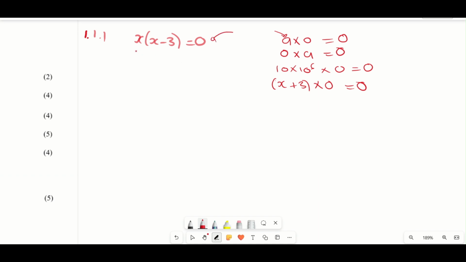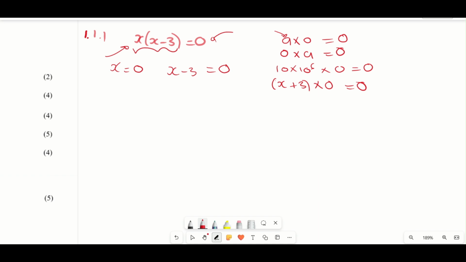You notice that this part here is actually equated to 0. So what does that mean? It means that since this is a product, we are multiplying, it's either x is equal to 0, or x minus 3 is equal to 0.